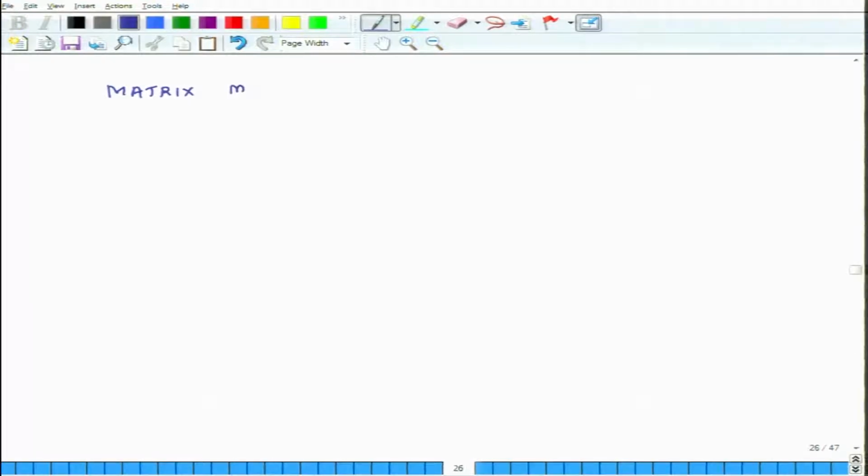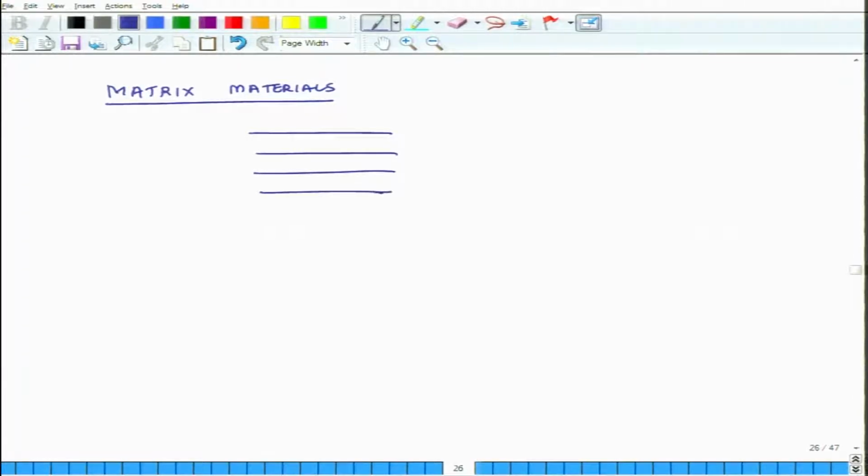So, we will discuss matrix materials. What does it do? If you have a bunch of fibers, by themselves what can they do? The first thing is each fiber is very thin.